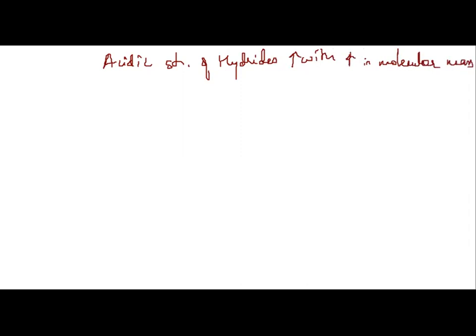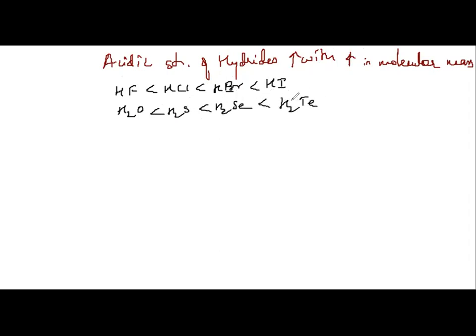So if you look at the first option, HF, then HCl, then HBr, and then HI. This is correct. In case of the second option, H2O, H2S, H2Se, H2Te.